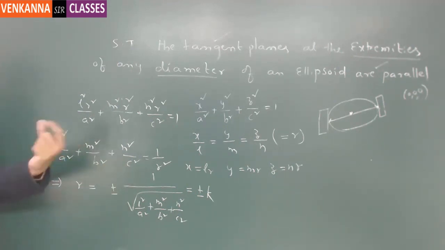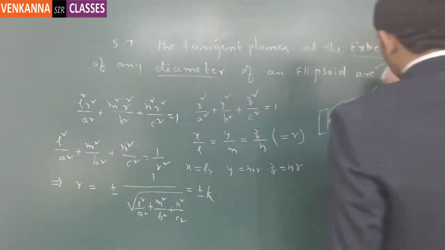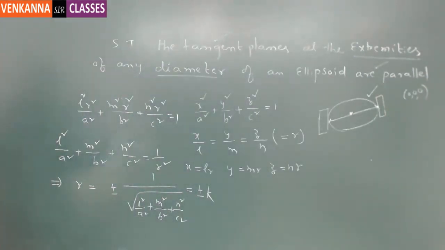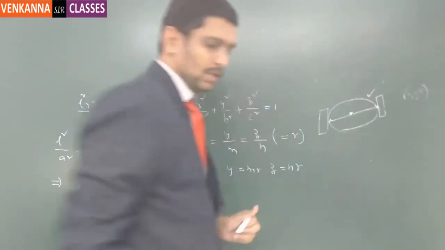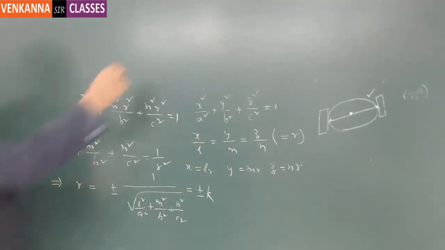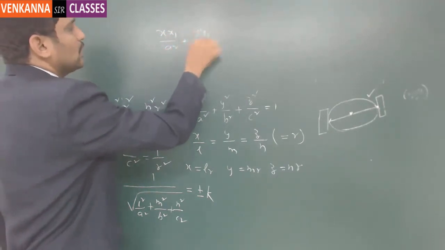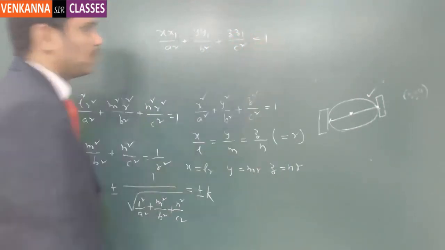Now, if you want to consider the tangent plane at this point for the ellipsoid, let us write it now. I think you will know the formula for the tangent plane. Whenever you have the ellipsoid equation, we write the tangent plane as x x1 by a square plus y y1 by b square plus z z1 by c square is equal to 1.